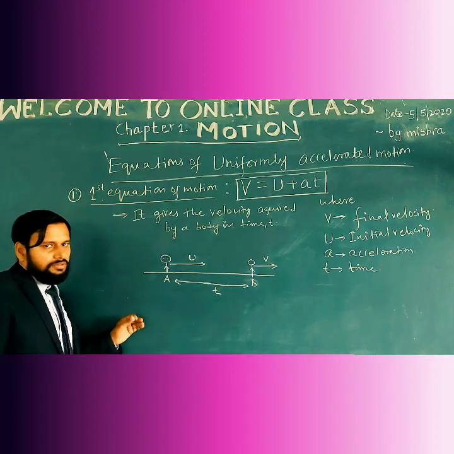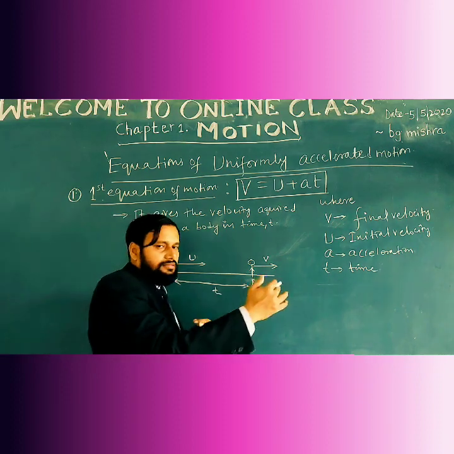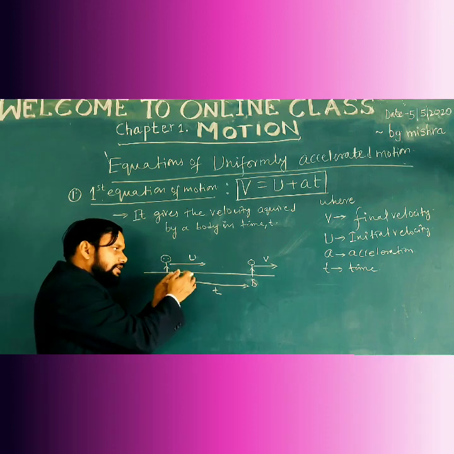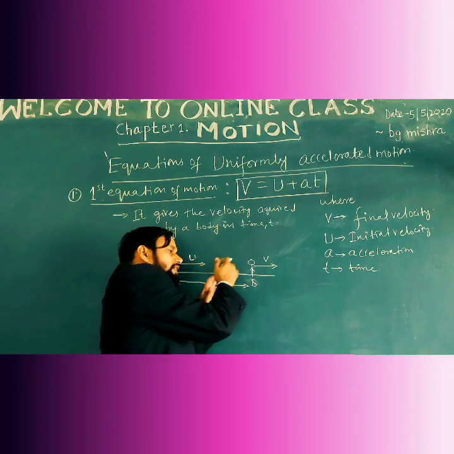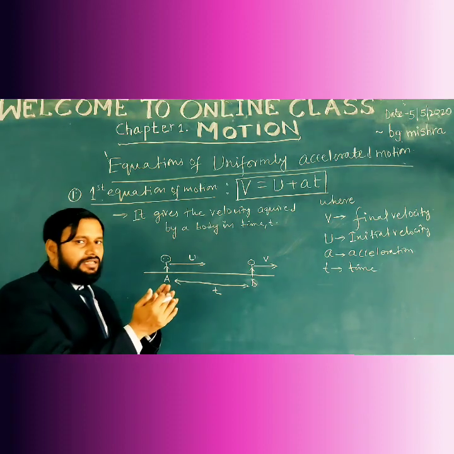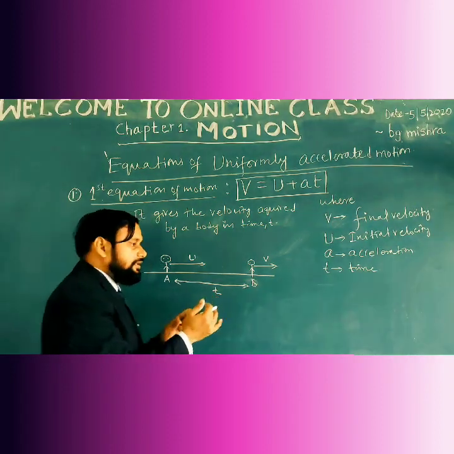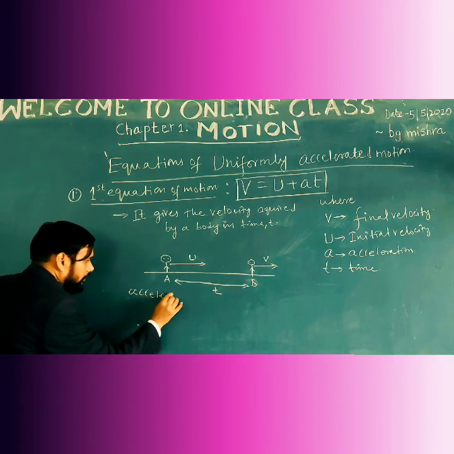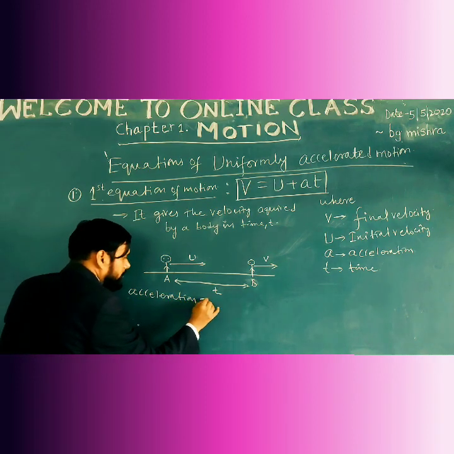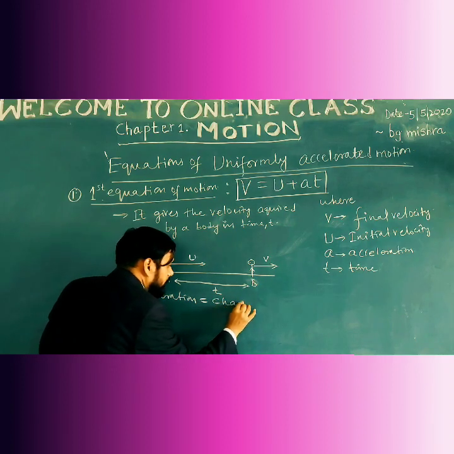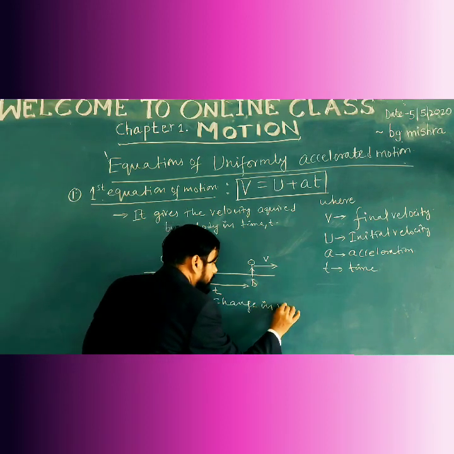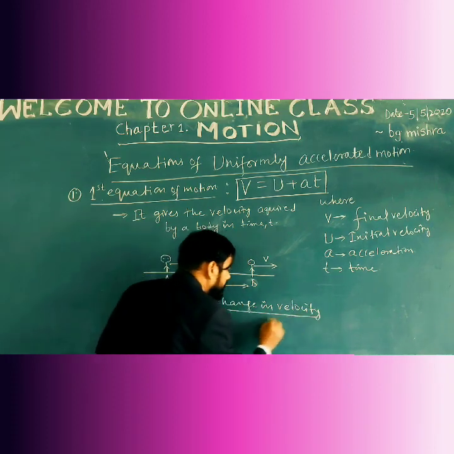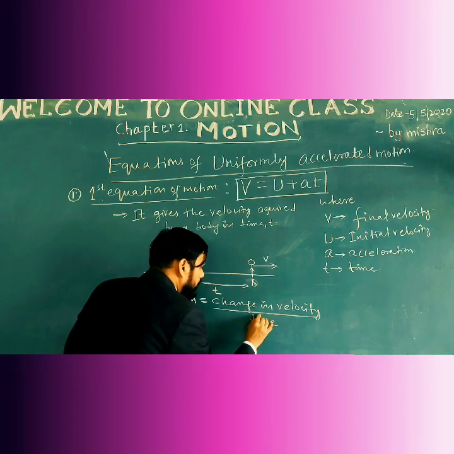Now as you know, here acceleration is occurring. That means if a body is changing its initial velocity to final velocity v in time t, then acceleration comes into play. So as you know, acceleration equals to how much? Change in velocity upon time.